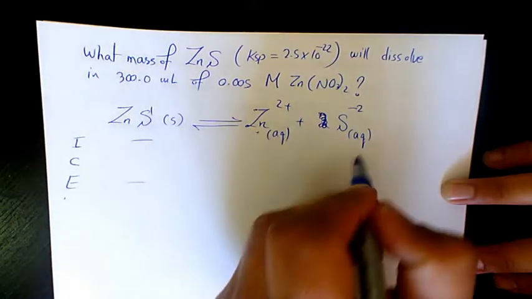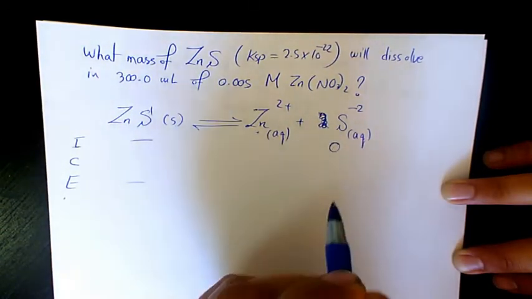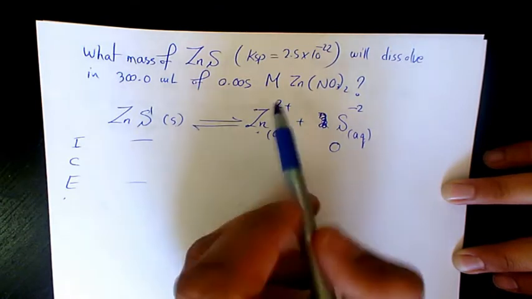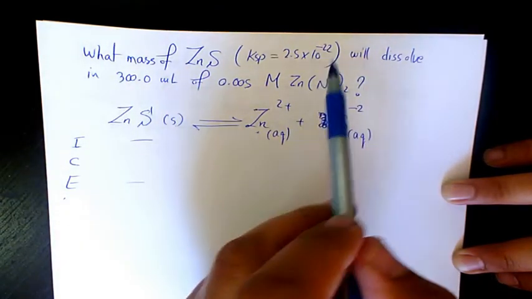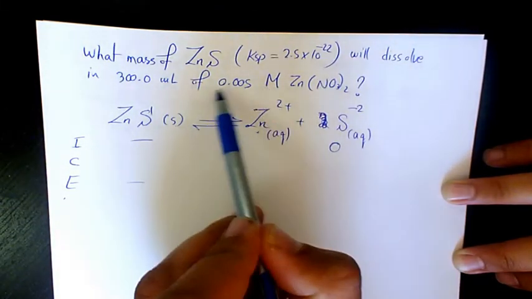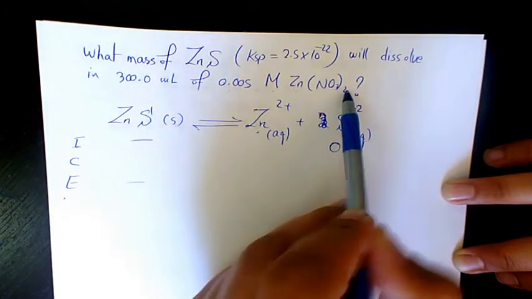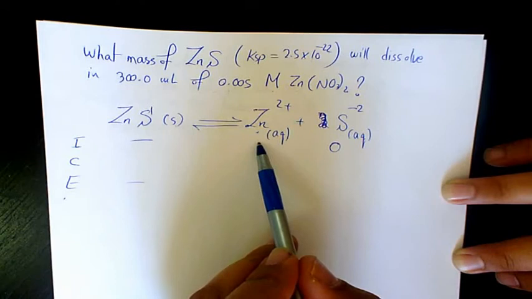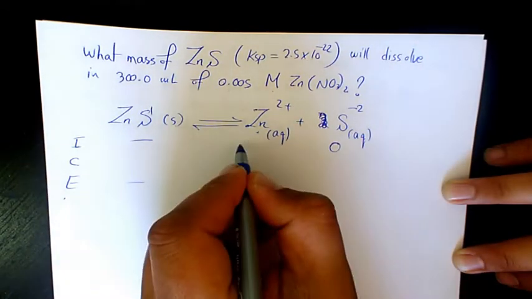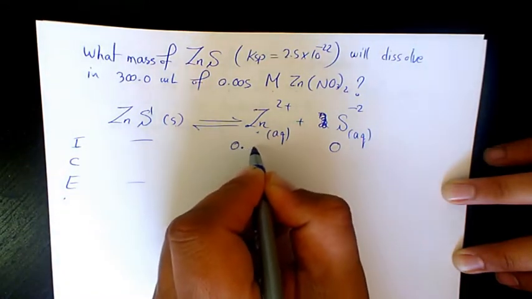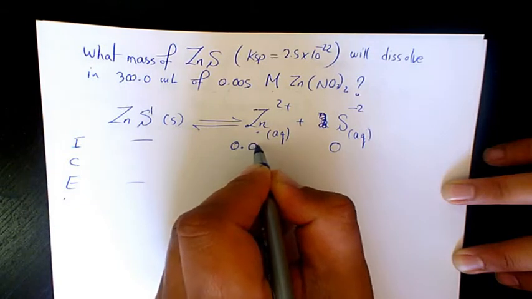So obviously there is no sulfide initially in the solution, but since we are finding the solubility in 0.005 molar zinc nitrate solution, it means that we initially have some zinc ions, which is 0.005.